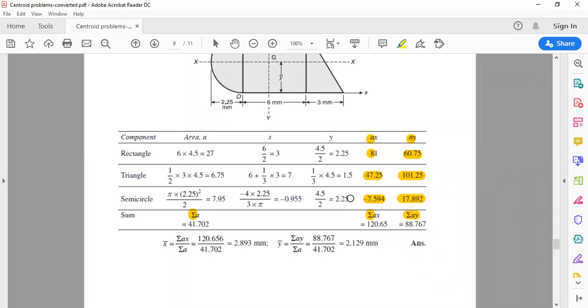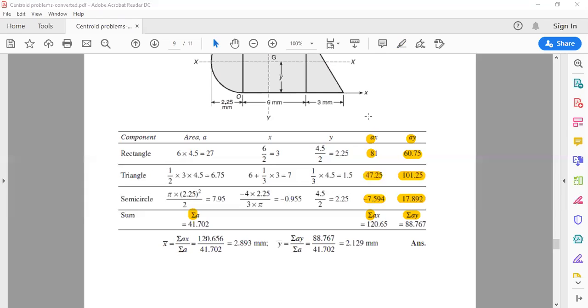Do not forget to add the minus sign in the Ax column. The minus sign is to be considered in the Ax column, compulsorily.